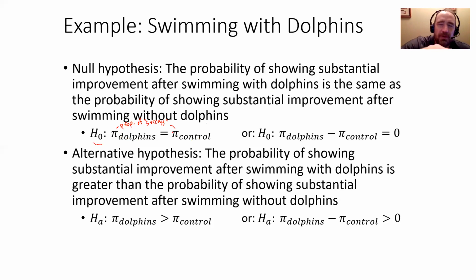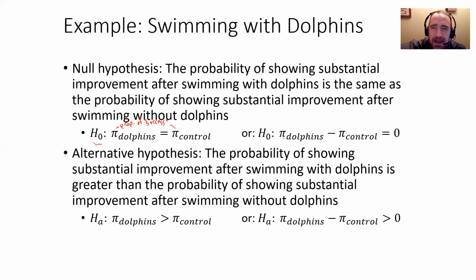So what we're talking about is making a claim about what would happen out there amongst all people with mild to moderate depression, assuming we feel it's fair to extend our results to that population. The null hypothesis says out there amongst all people with mild to moderate depression, it doesn't matter if you swim with dolphins or you swim without dolphins, we'll see the same proportion of substantial improvement.